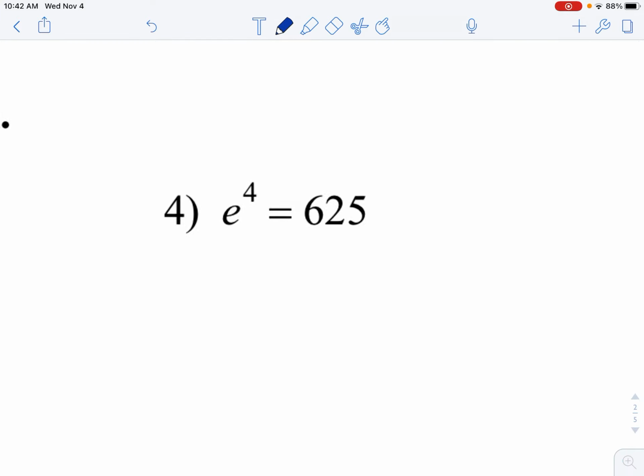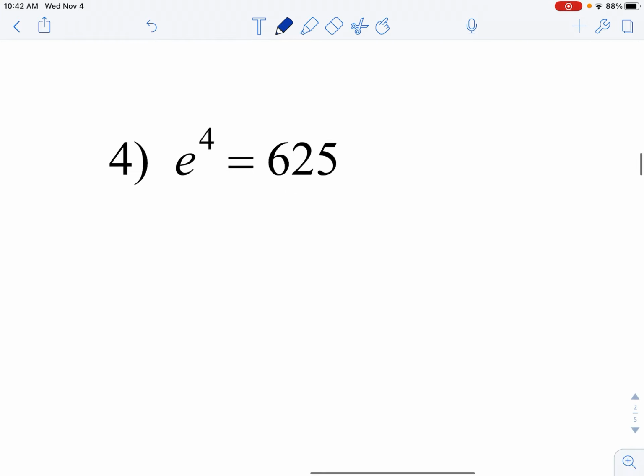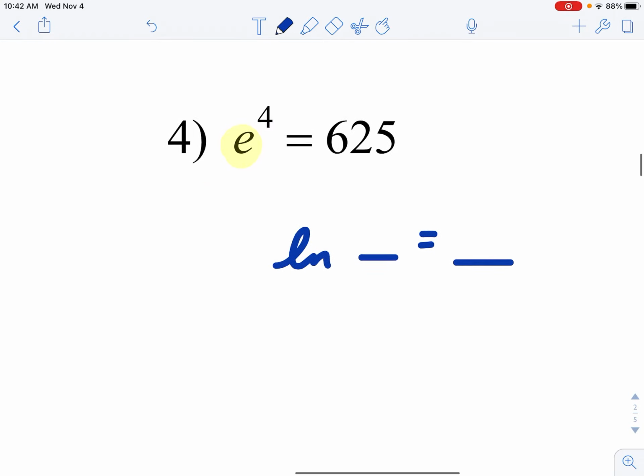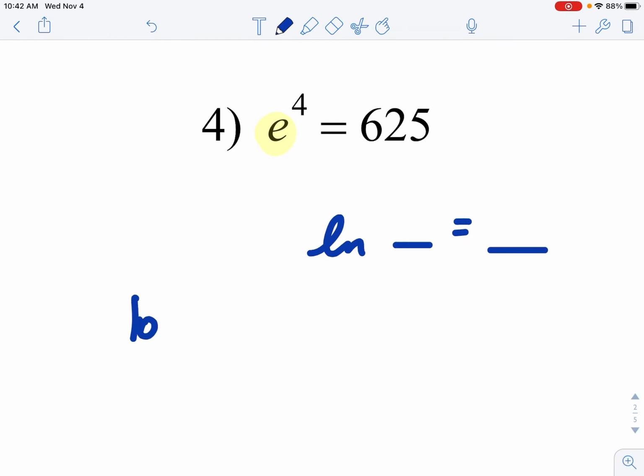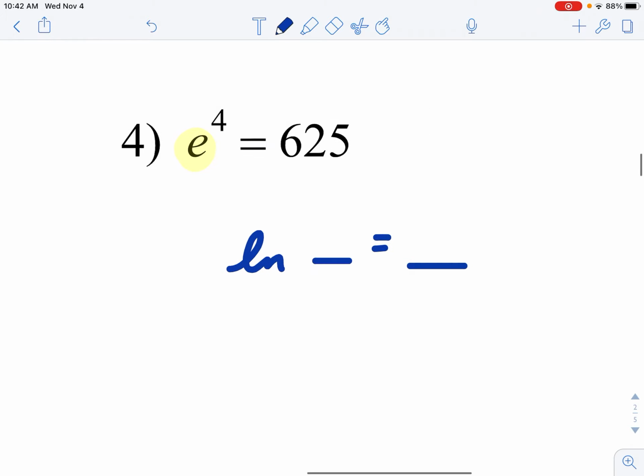We're supposed to take each exponential and write it as a logarithm. So we've got an argument equals an answer. And of course, logarithms always have a base. Here, since the base is e, our logarithm is going to be the natural log, ln. You could technically write log base e, but that's just not done, so please don't.